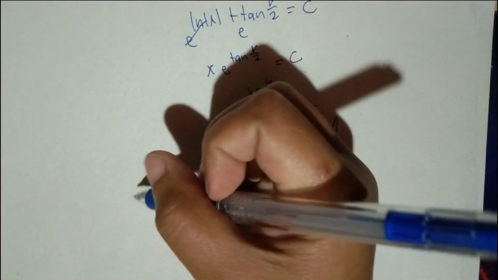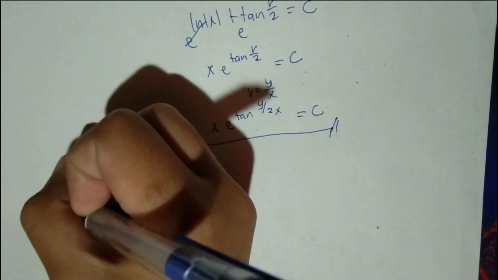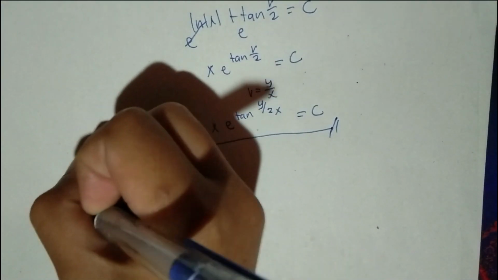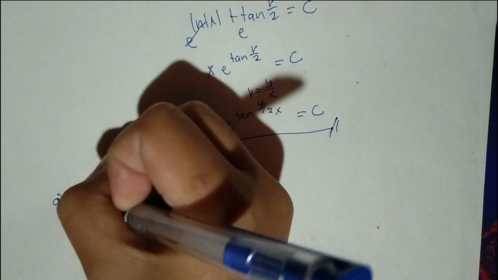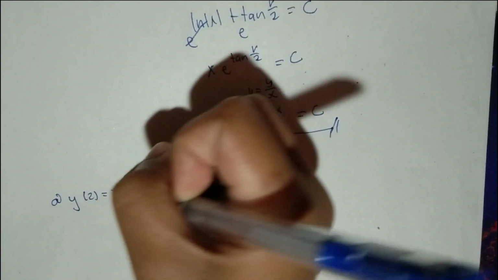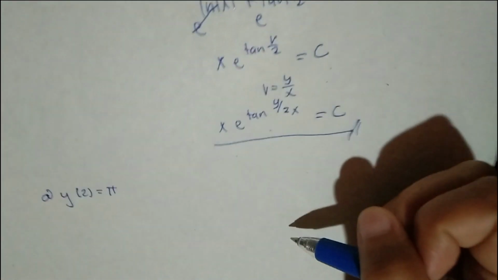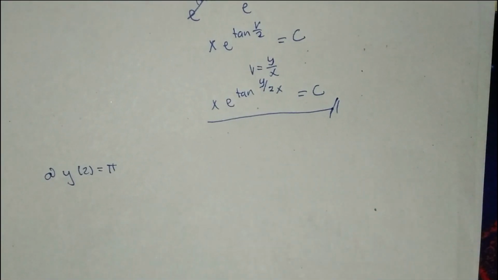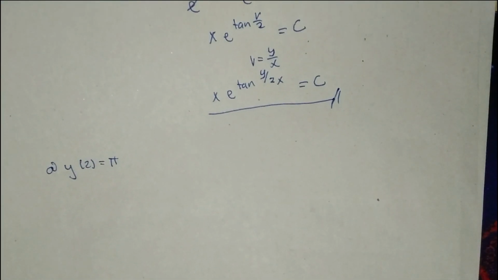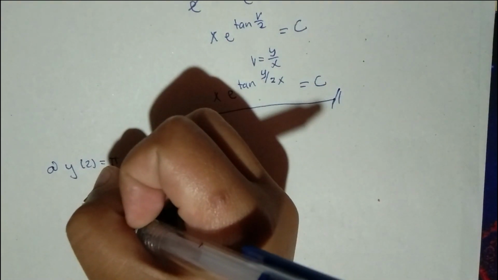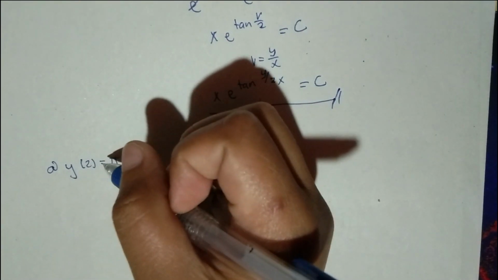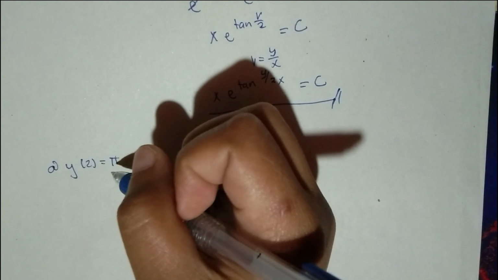However, we have a condition. We have a condition at x is 2, y is equal to pi. So we will obtain a particular solution. So that will be at y = pi and x = 2.